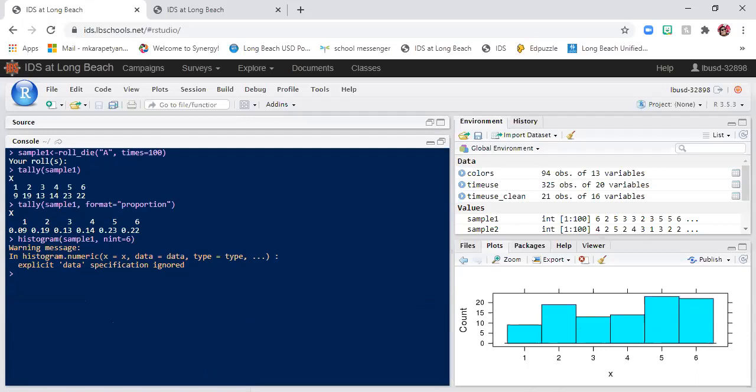So we're going to actually stop here, okay? Because the rest of our lesson is essentially going to be you guys running these codes for die A and die B and making histograms to determine which die is biased and which one is unbiased, okay?